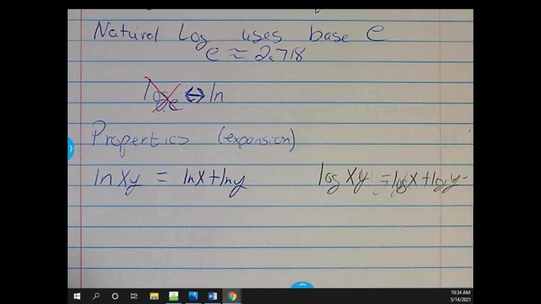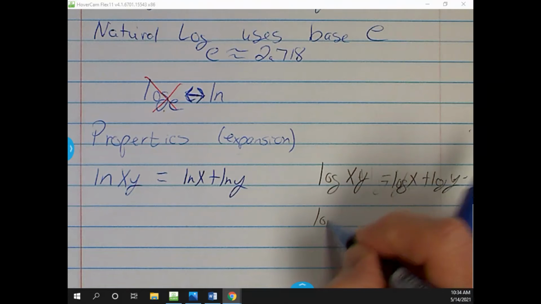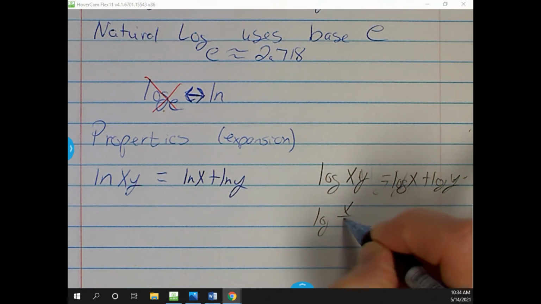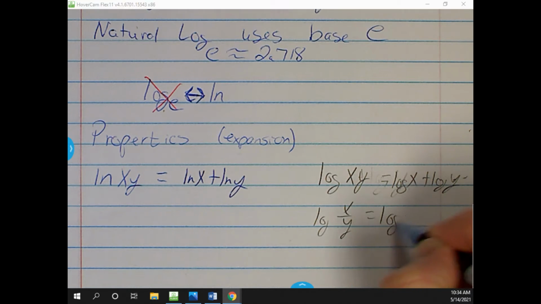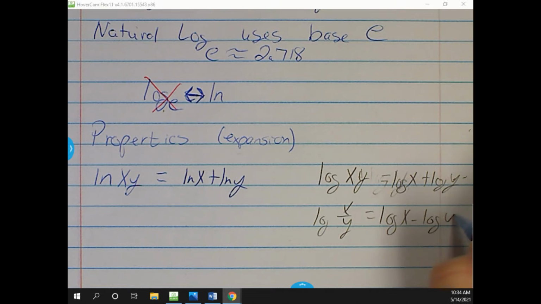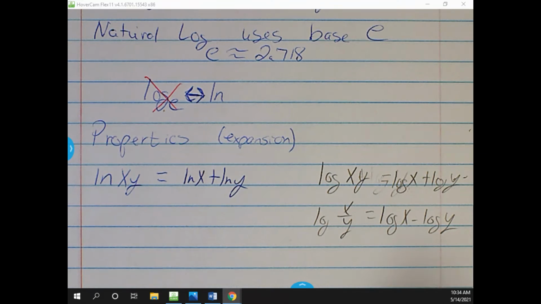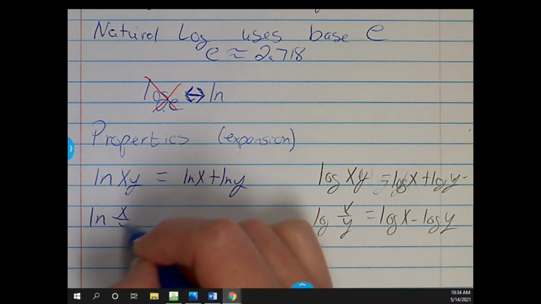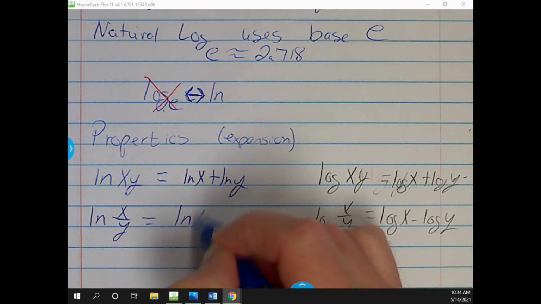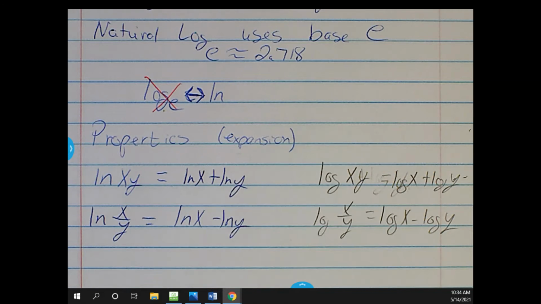And when we were doing division, we had log of x divided by y, which made it log x minus log y. Over here, we're going to do the same thing: the ln of x divided by y is going to be the ln of x minus the ln of y.